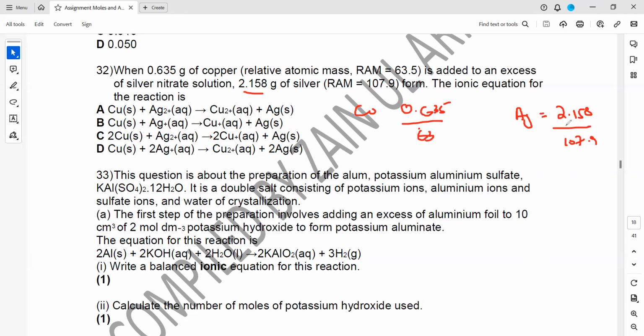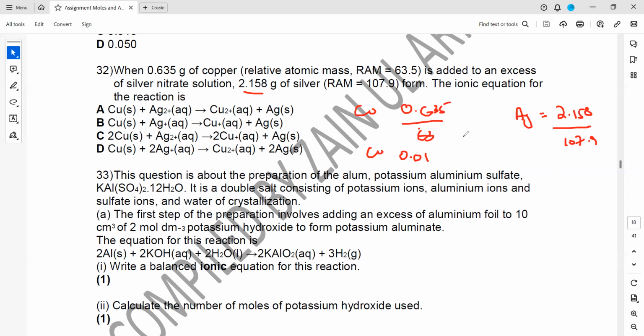For copper, 0.635 divided by 63.5 equals 0.01 moles. So for copper, we get 0.01 moles.